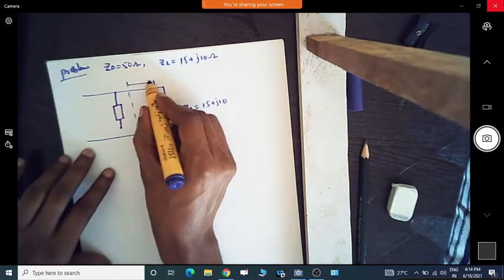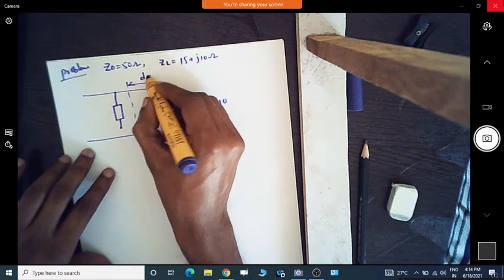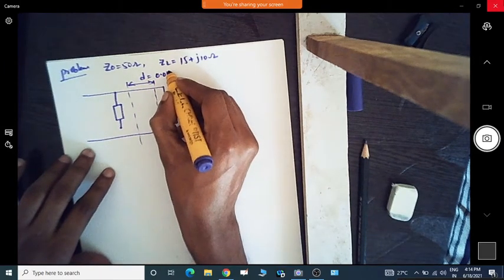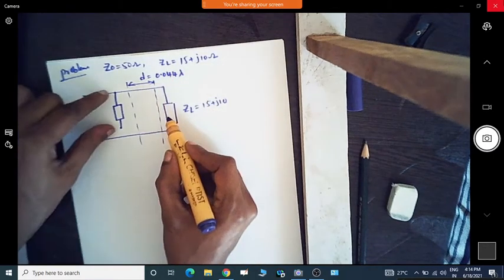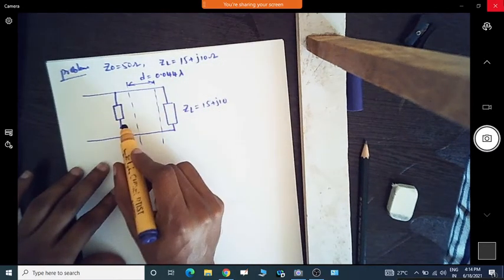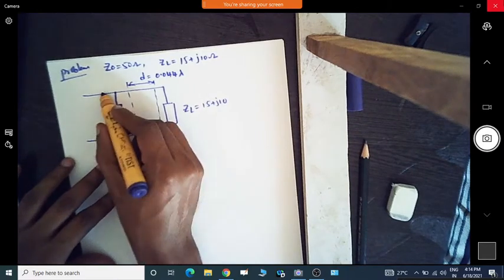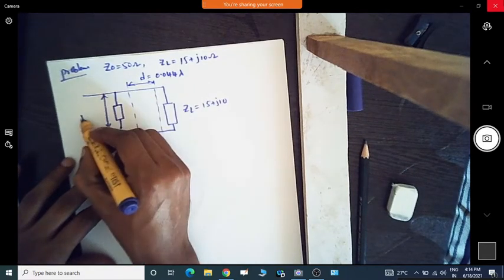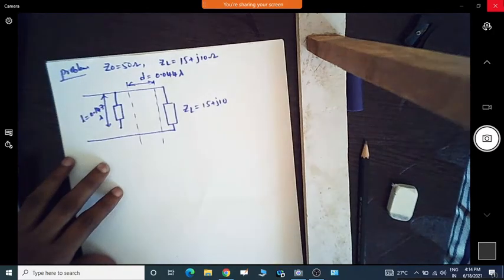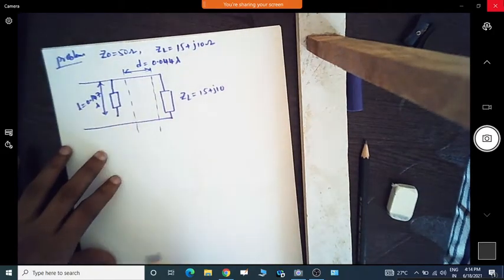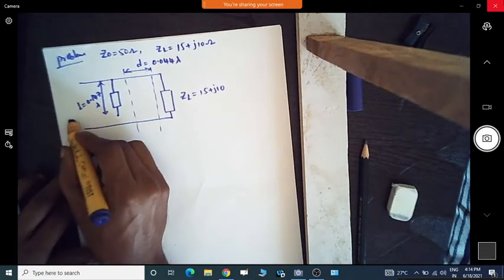The distance of this open stub from the load point is given as 0.044 lambda, and the length of this stub is 0.147 lambda.